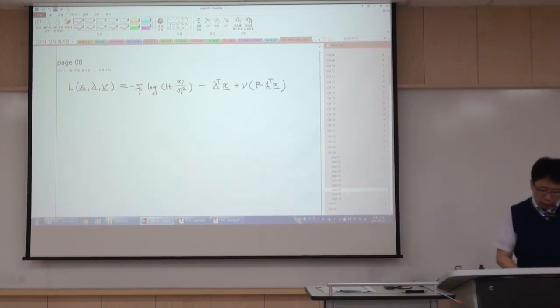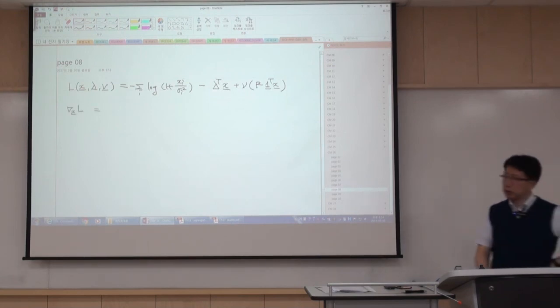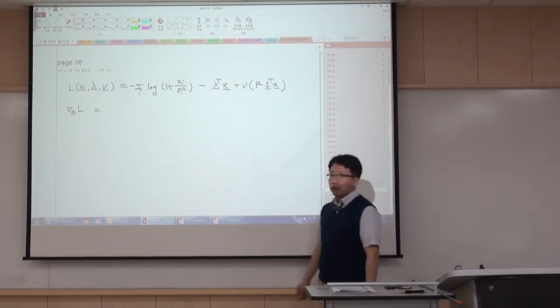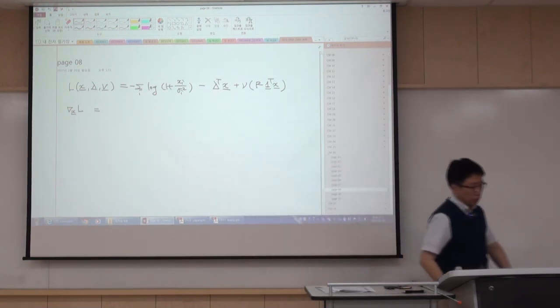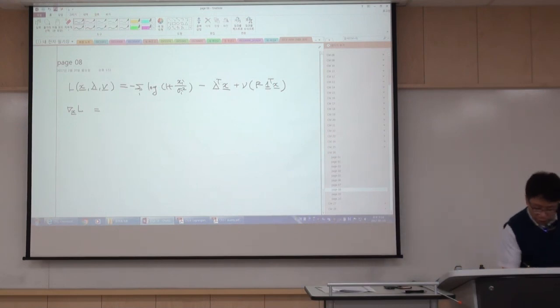Now, what do we do? We differentiate the Lagrangian and find the triplet that satisfies this equals 0. So we have what? I hope I'm correct. Okay. 1 plus.